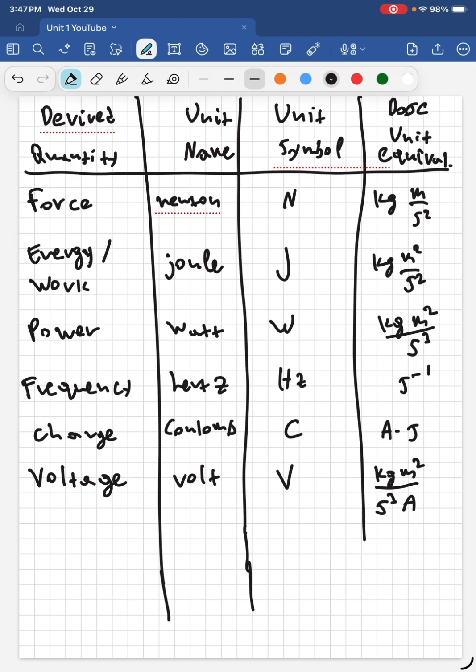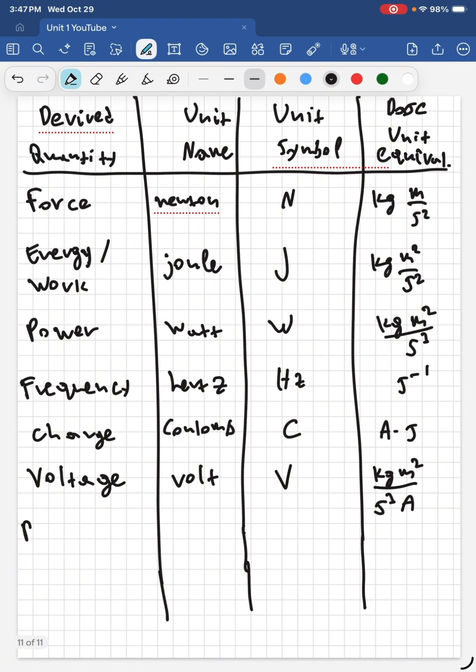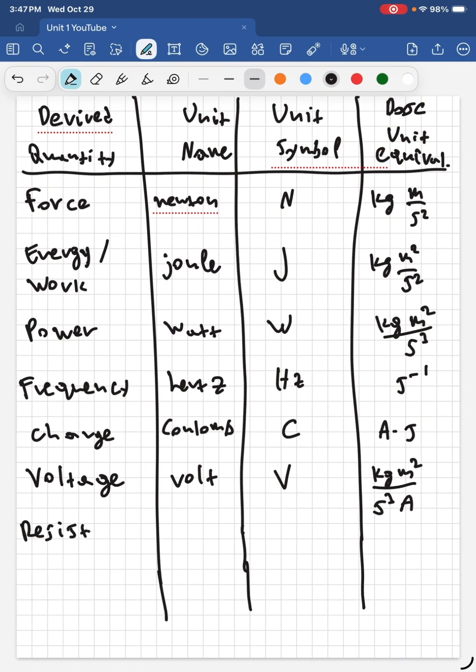And the last one that I have here is the resistance, the electrical resistance, okay? It is measured in ohms. The symbol is capital omega, the Greek letter, and the units are kilograms meter squared over seconds cubed amperes squared.